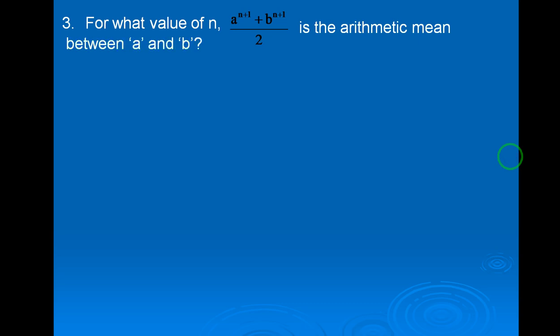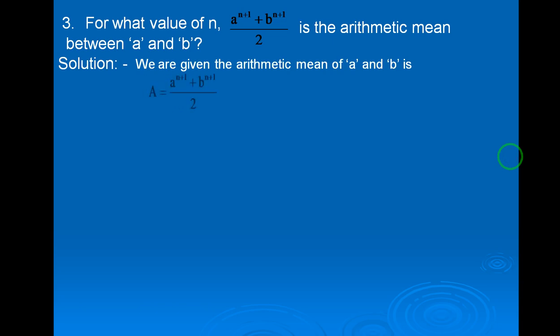Now the third problem is, for what value of n is (a^(n+1) + b^(n+1))/2 the arithmetic mean between a and b. Now the solution is, we are given the arithmetic mean of a and b, capital A = (a^(n+1) + b^(n+1))/2.